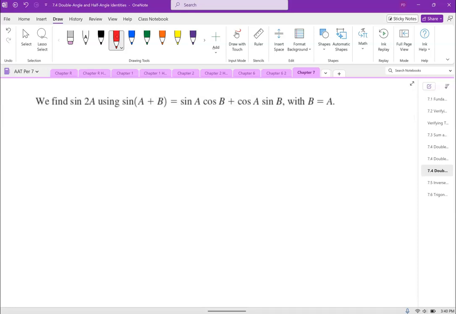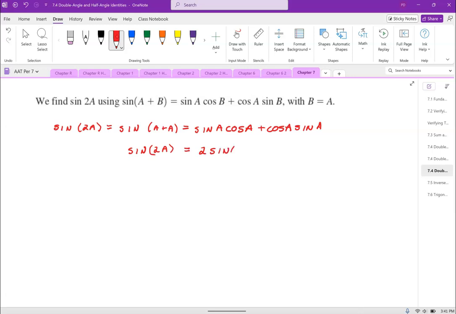Taking our sum identity with two equal angles, sine of 2A is equal to the sine of A plus A. So I'd end up with sine A cosine A plus cosine A sine A. Those are the same terms, just in a different order, so you actually have 2 of them. It's 2 sine A cosine A. So there is the double angle identity for sine.